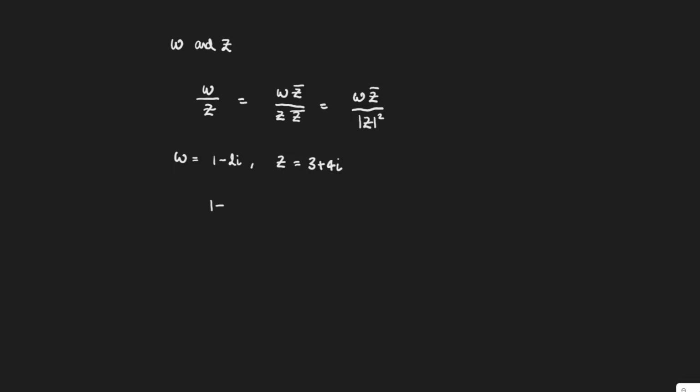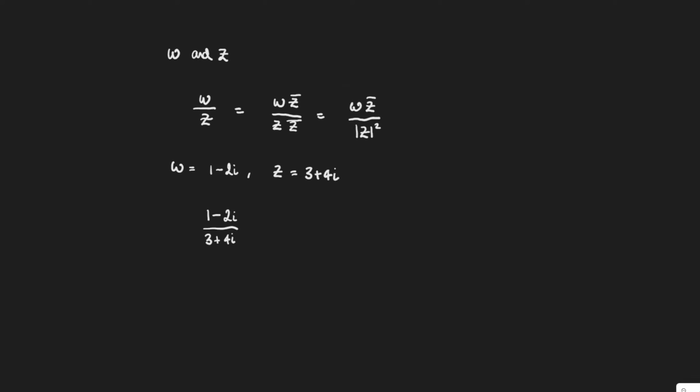and we divide through by both of these, then in order to solve this problem we're going to have to multiply top and bottom by the complex conjugate of z. So we're going to multiply by 3 minus 4i over 3 minus 4i here.